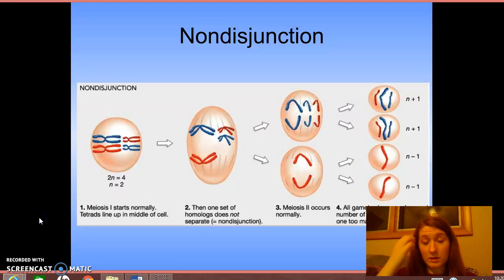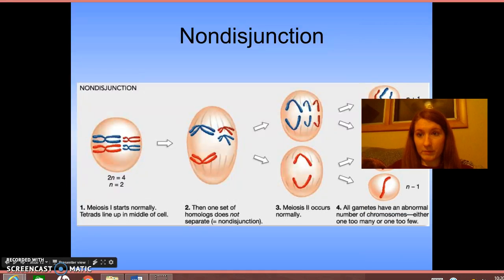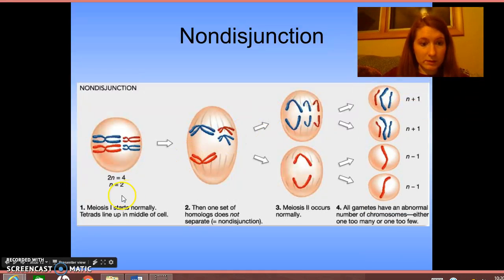So here is a picture of it from meiosis. It starts out normally here in meiosis 1. The tetrads are lining up in the middle with those homologous pairs. And then, as you can see, the homologous pair or tetrad does not separate in this anaphase stage. Both of them are going to go over to this side, leaving this side with none.